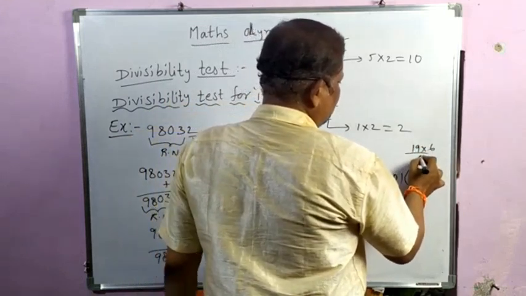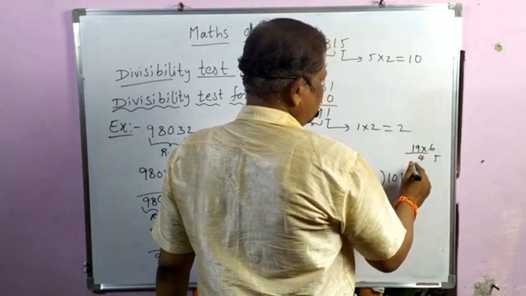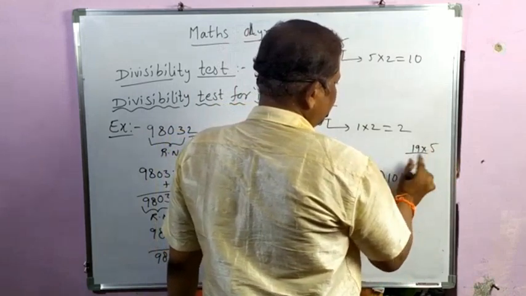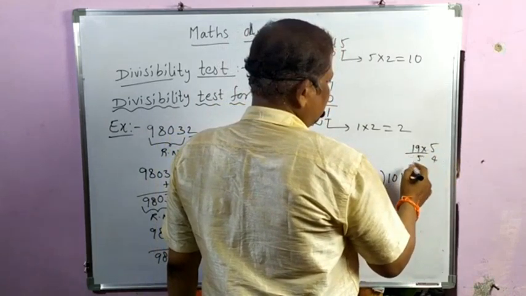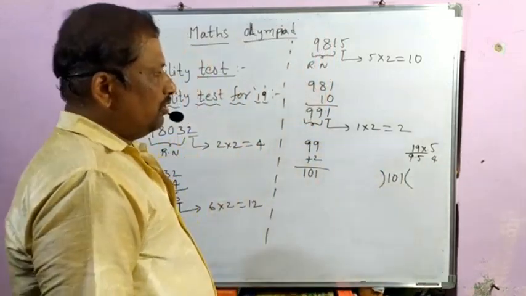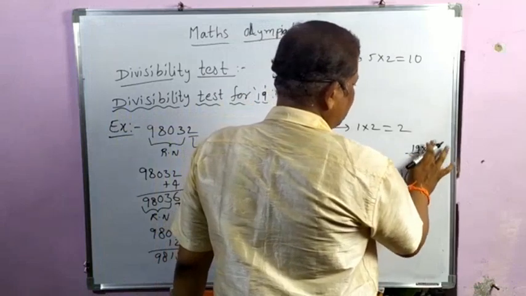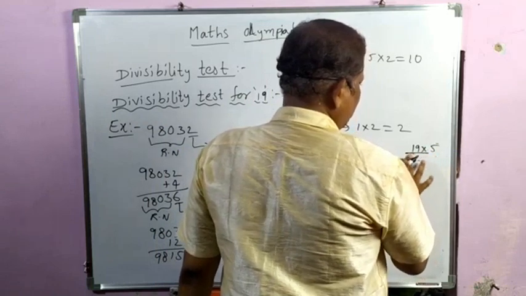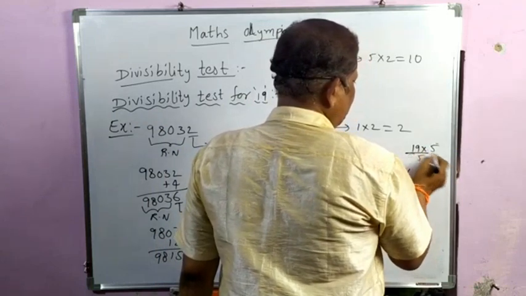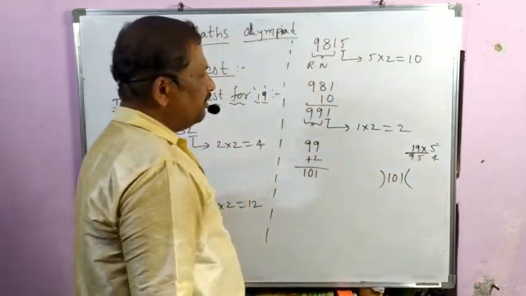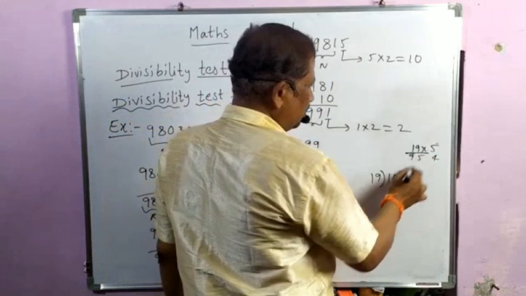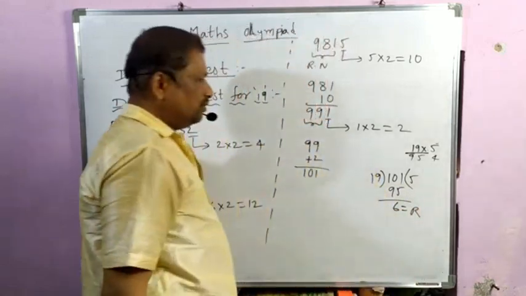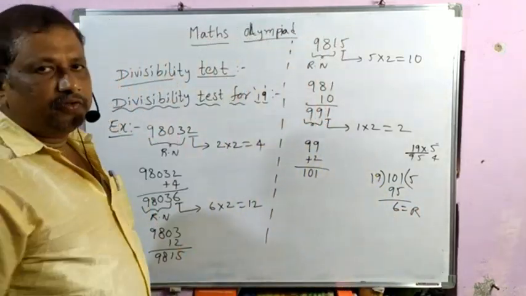Six times you take, 114, we will get it is more. 5 times, 95 we will get. 19 5s are 95. 6 is the remainder. So it is not divisible by 19. So the given number is also not divisible by 19.